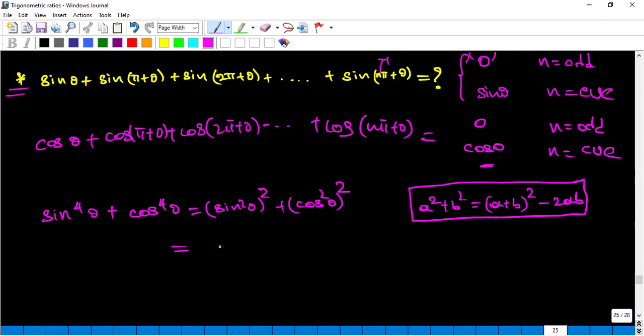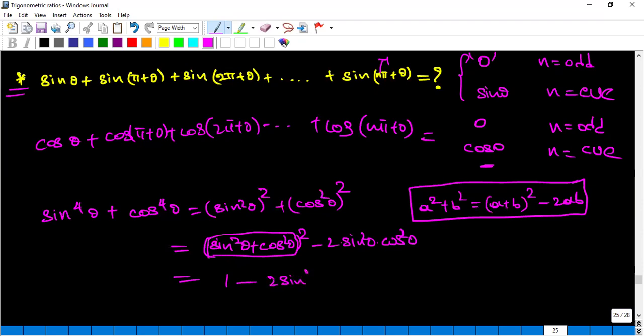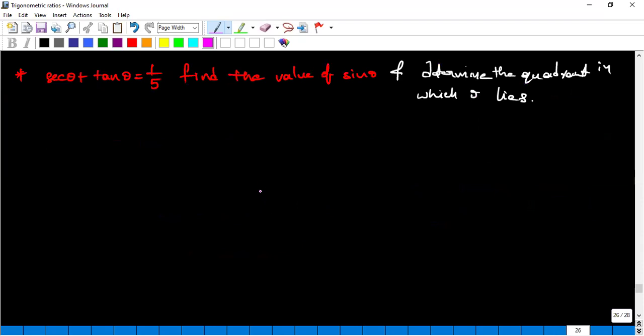So based on the formula, sine square theta plus cos square theta whole square minus 2 into sine square theta cos square theta. So finally we will get, sin square theta plus cos square theta value is 1, 1 square is 1, minus 2 sin square theta cos square theta. Okay, like this we will find out the solution.